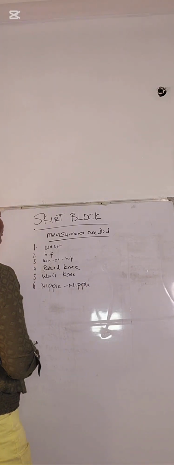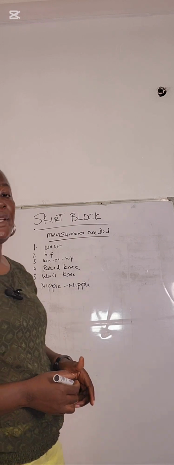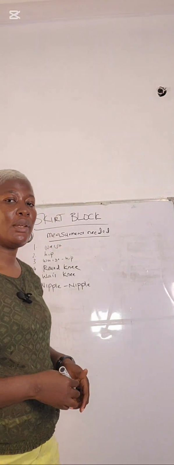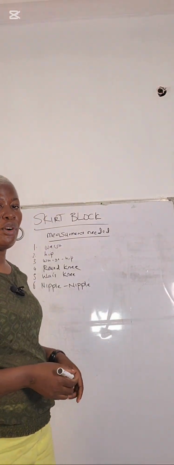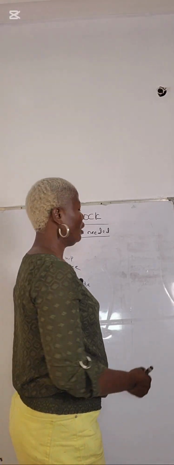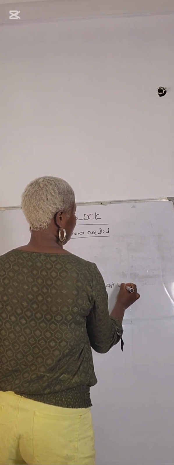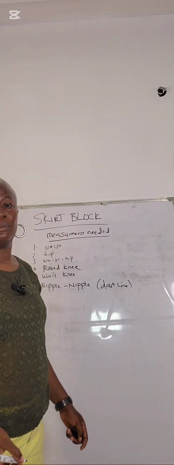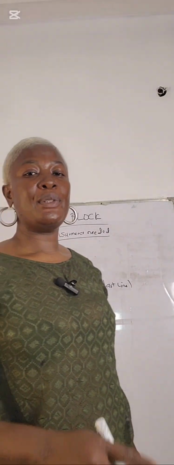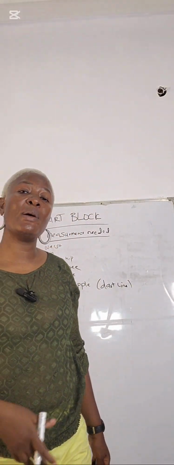So nipple to nipple. Why do we need our nipple to nipple measurement? Because we are working on skirts, for us to get our dart line. So nipple to nipple is for the dart line.